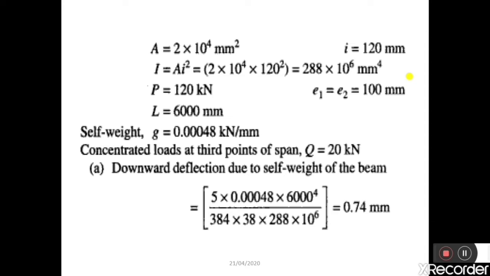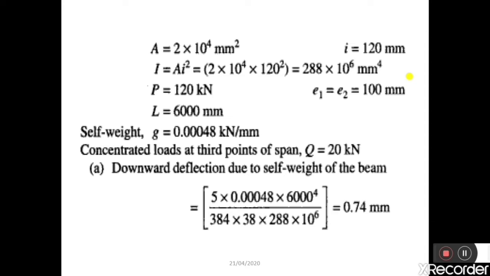First we know the equations for calculating the deflection due to live load, dead load, and deflection due to pre-stress of the straight cable and the parabolic cable. In those equations we have A, I, P, E1 and E2. So first let us calculate all this data.